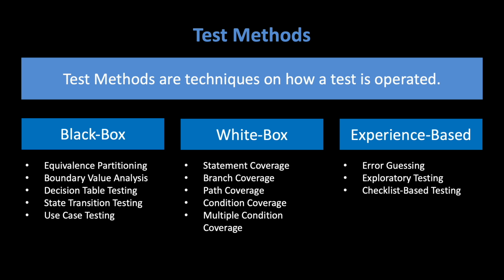So white box tests are usually not used for system tests. They are more used only for unit tests. But on the other hand, use case testing and experience-based testing play a major role when it comes to complex systems.